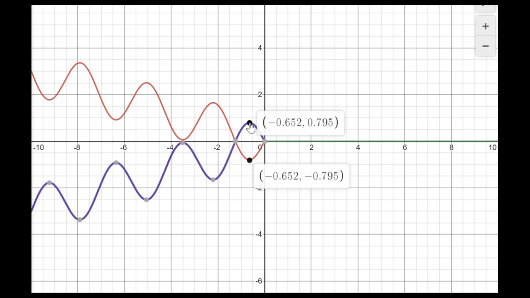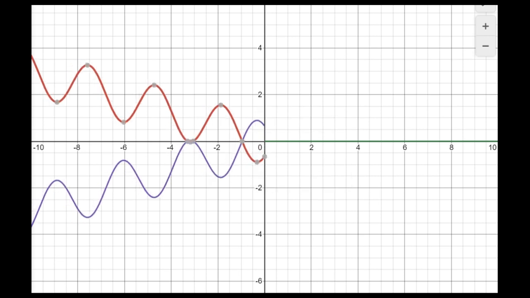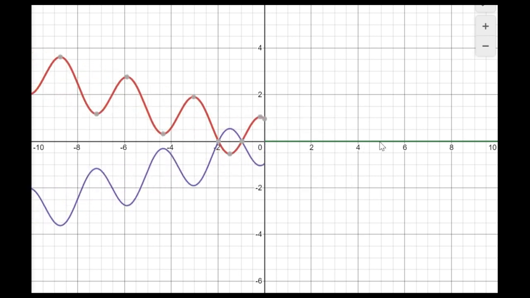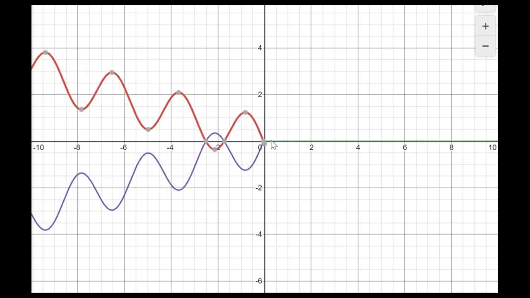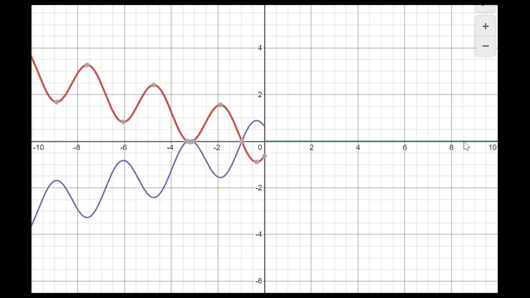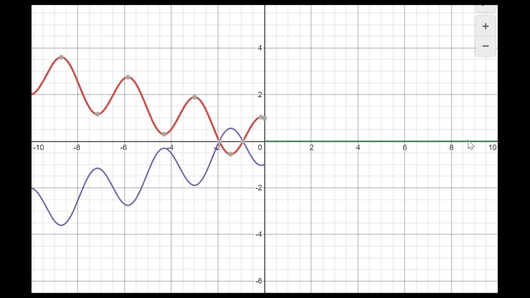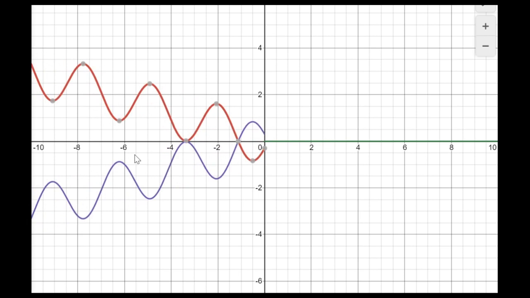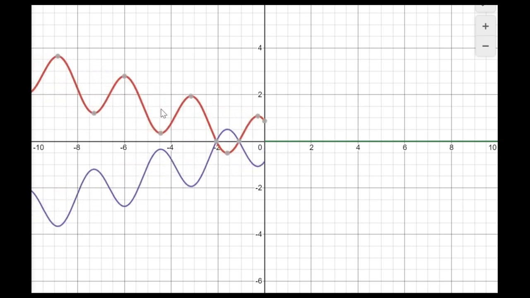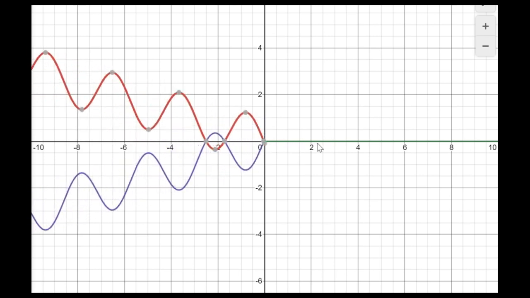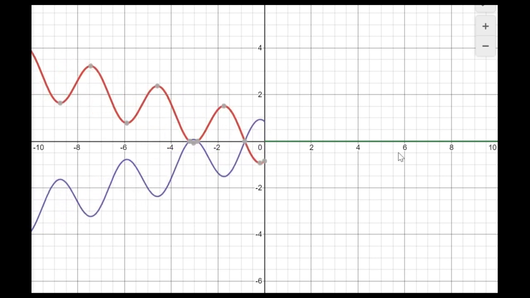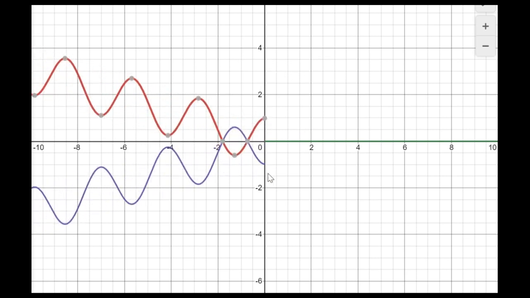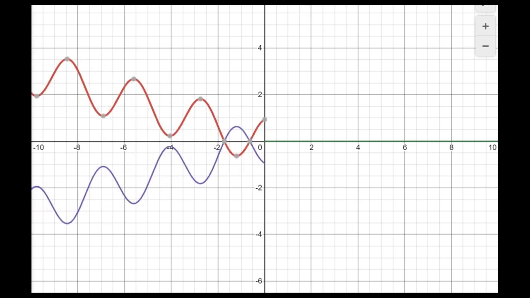Your crest and trough are intersecting. If your crest and trough are intersecting, then in such a case what happens? The output of such interference will be zero. That means destructive interference. The two waves are cancelling each other. That means they are destructing each other to give no wave at the output. Such kind of interference is your destructive interference.